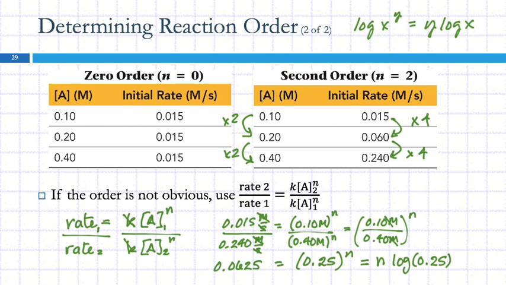I'm going to change colors because this is getting a little bit messy here. So 0.0625 equals 0.25 to the n, times the log of 0.25.